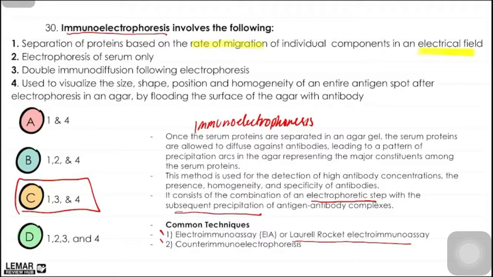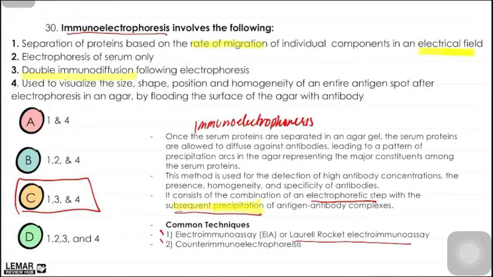Number 3, double immunodiffusion following electrophoresis. This is the second step, the subsequent precipitation, we have your double immunodiffusion.